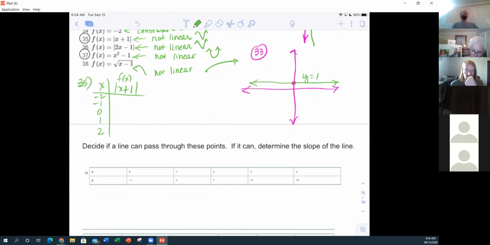Okay, so this would be the absolute value of -2 plus 1, which is the absolute value of -1, which is just 1. This would be the absolute value of -1 plus 1, which is the absolute value of 0, which is 0. This would be the absolute value of 0 plus 1, which is the absolute value of 1, which is 1. This is the absolute value of 1 plus 1.